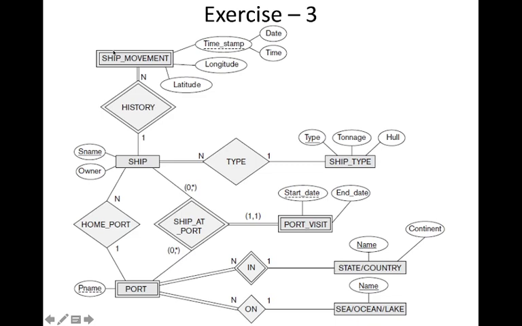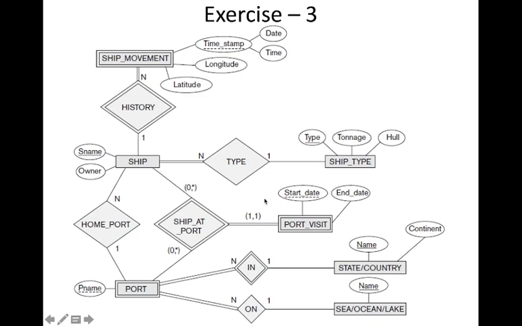Then in the second step we have to map the weak entities. We have ship movement and port visit as the weak entities, so we have to convert those. After that we have to convert the 1:1 relations. I think we don't have a 1:1 relationship here; all are 1:n relationships, so there is no 1:1.